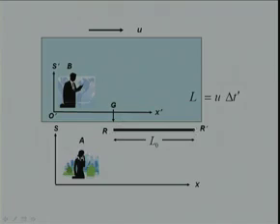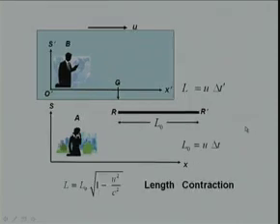On the other hand, for the person B, for me the rod will move in this direction. For the pointer hitting the end of the rod r and the pointer hitting end r prime, let us suppose the time interval is delta t prime. So, the length that I will measure will be L equal to u delta t prime, where delta t prime is the proper time interval between the two events.